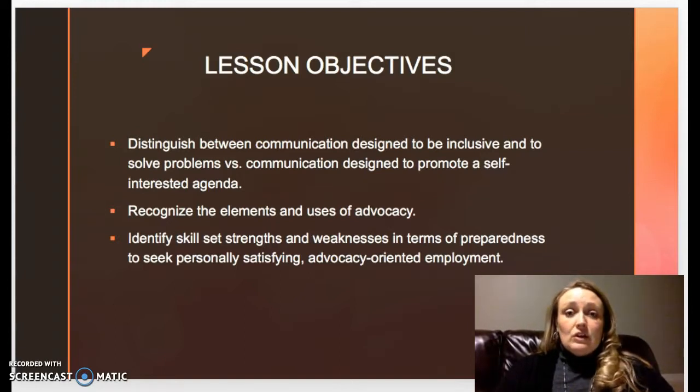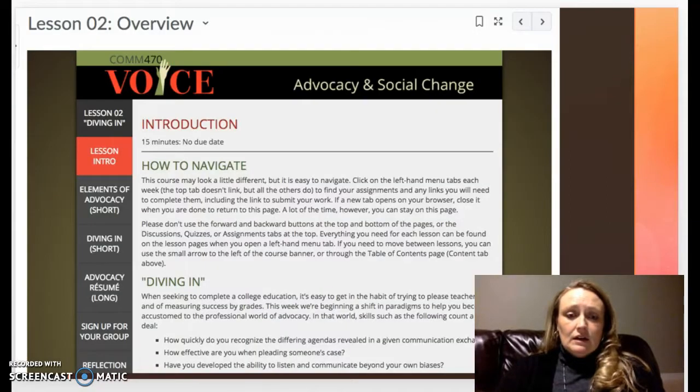So it's helping you to recognize those skills that you have, what strengths you already have, and what areas of weakness you would like to work on. So just keep those objectives in mind as we go throughout this week.